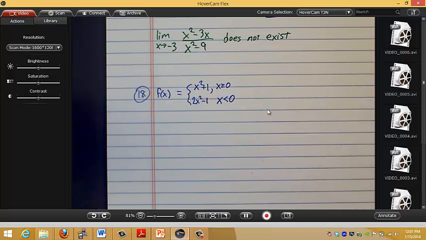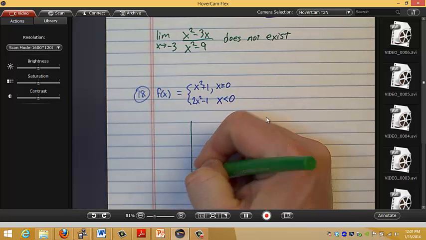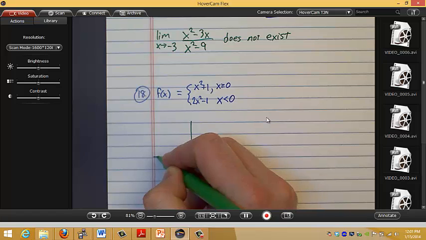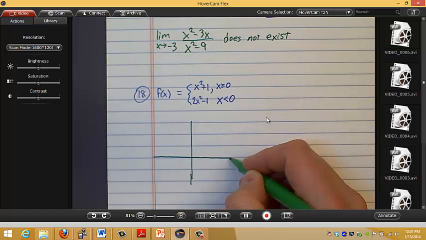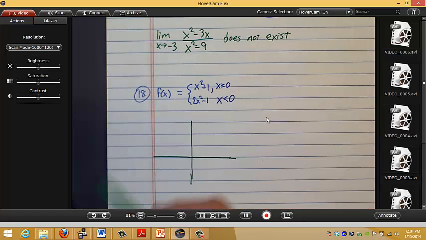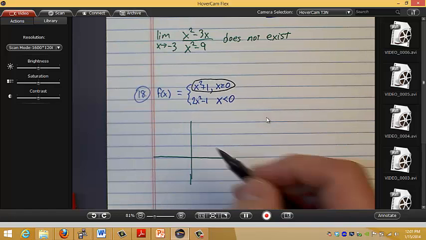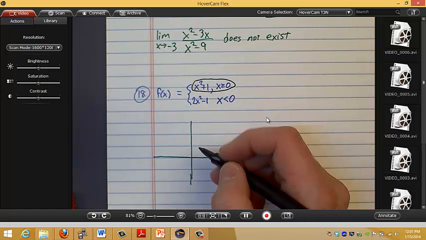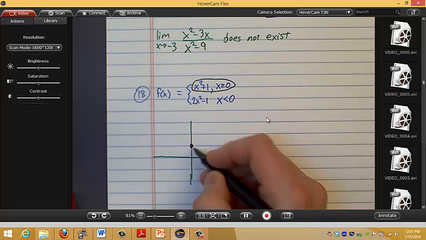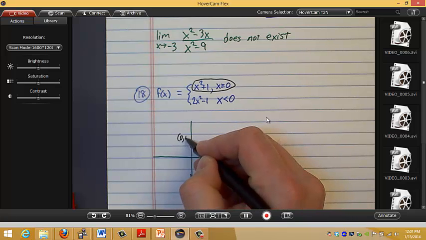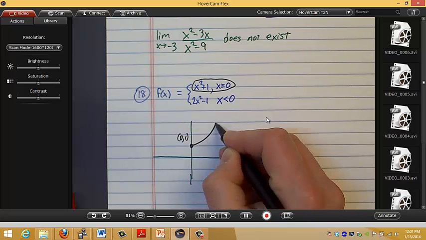So, what does this function look like? Well, it's just defined in pieces. If I were going to sketch the graph, I know that when x is bigger than or equal to 0, I'm talking about the parabola x squared plus 1. Does that open upward or downward? x squared plus 1 starts, say, at 0, 1, and it opens upward, right?